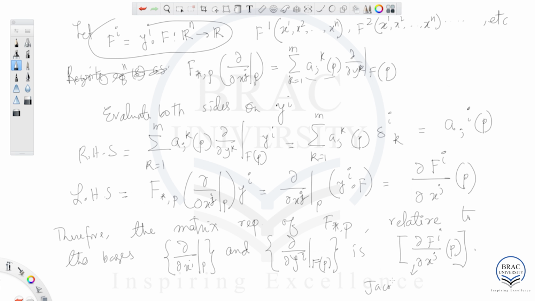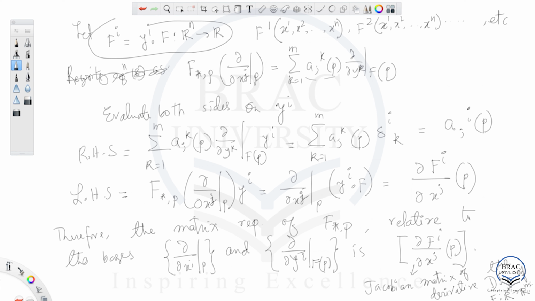of the derivative df sub p of f from R^n to R^m, as discussed in lecture 2.